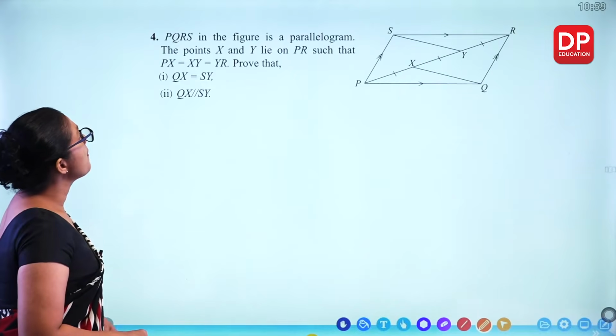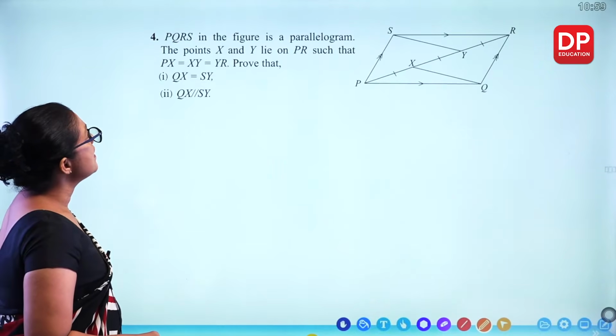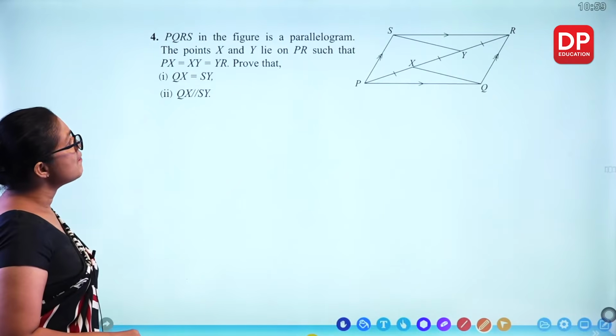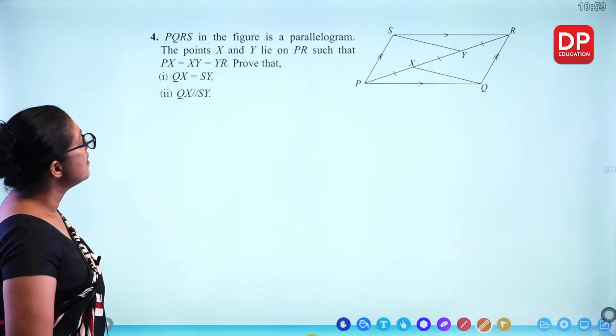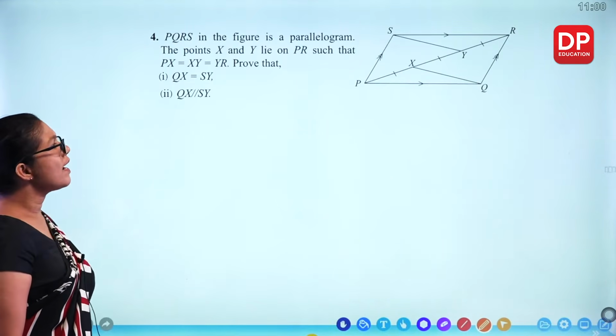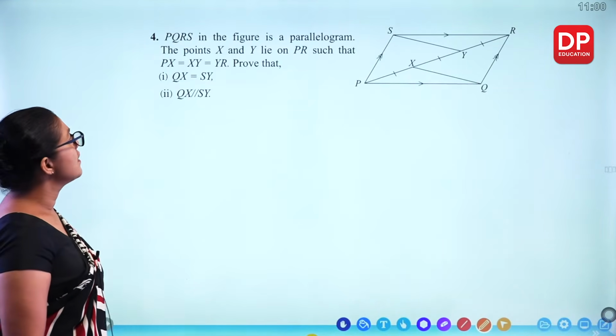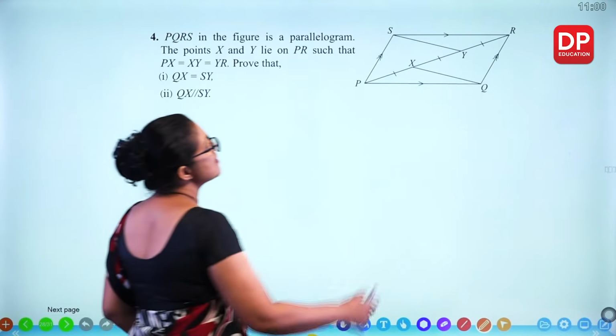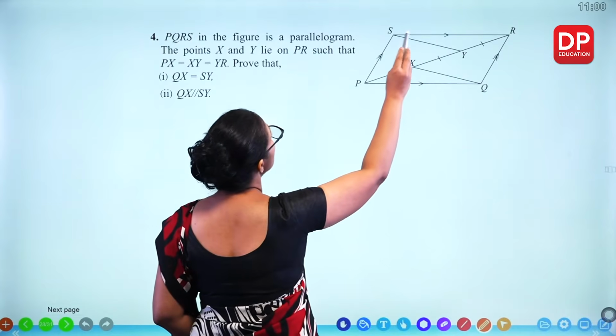Question number 4. PQRS in the figure is a parallelogram. The points X and Y lie on PR such that PX, XY, YR all are equal. It's given. Prove that QX is equal to SY.